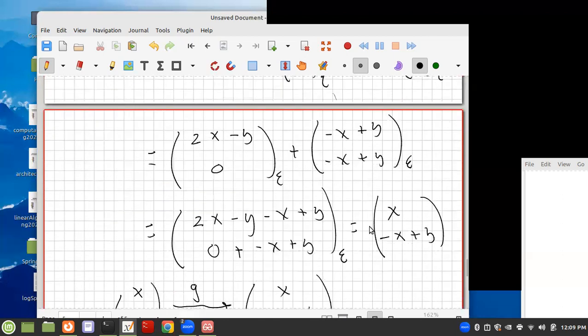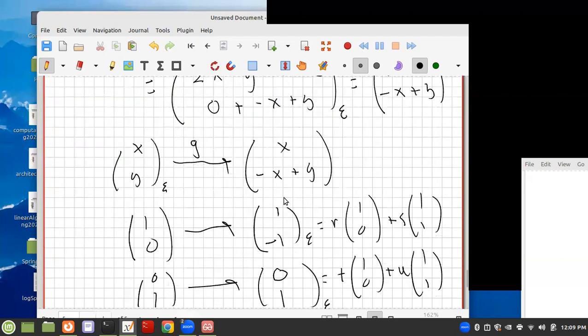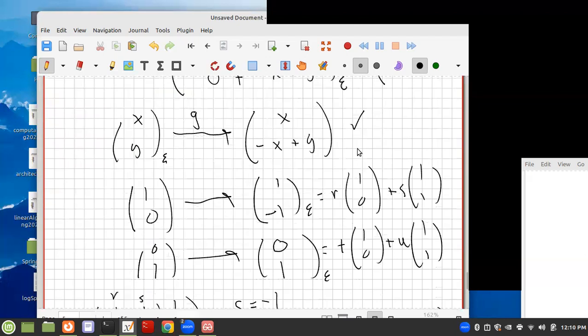The x cancels, and this one is just minus x plus y. So it looks like this is correct. So I may have to puzzle over this after class, if I can't spot what.